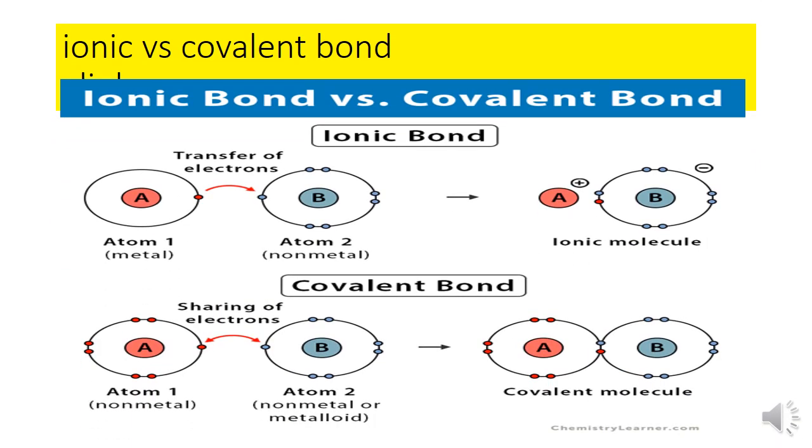By using the pictures we have seen, this is the difference between ionic and covalent bond. Here there is a transfer of electron from A, a metal, to B, a non-metal. The result is that A is positive whereas B is negative.